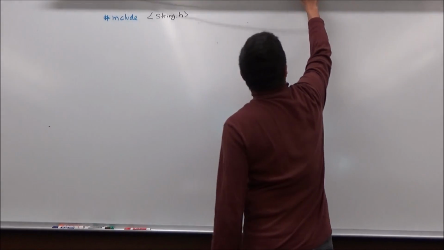That library has a few methods or functions that we can just use instead of reinventing the wheel. Let's see, it's not showing up there. There. So we got this string.h library.